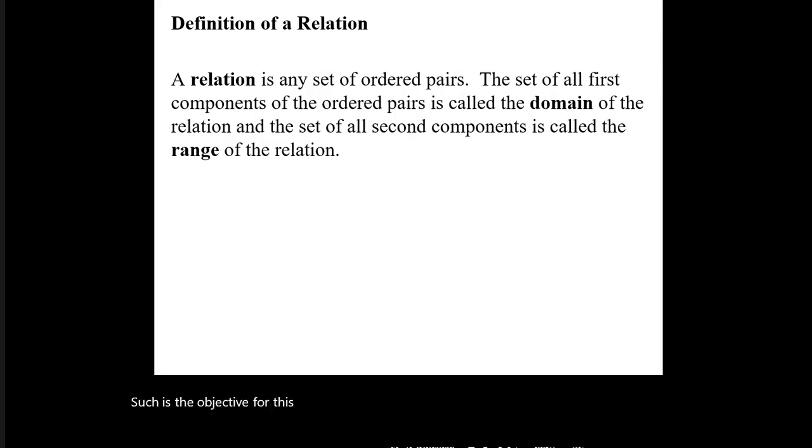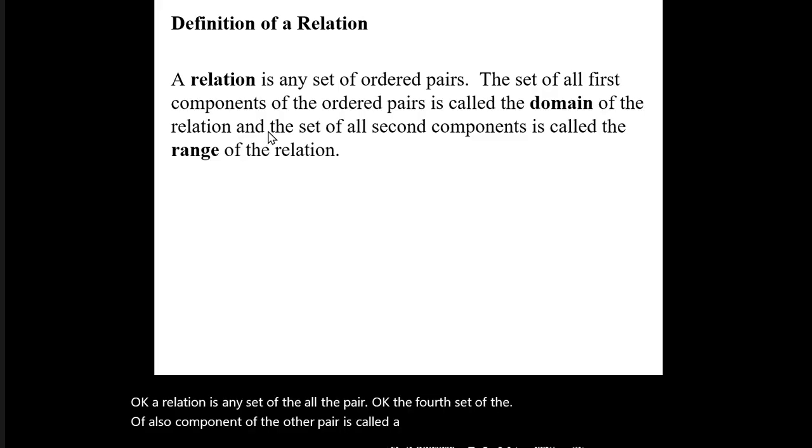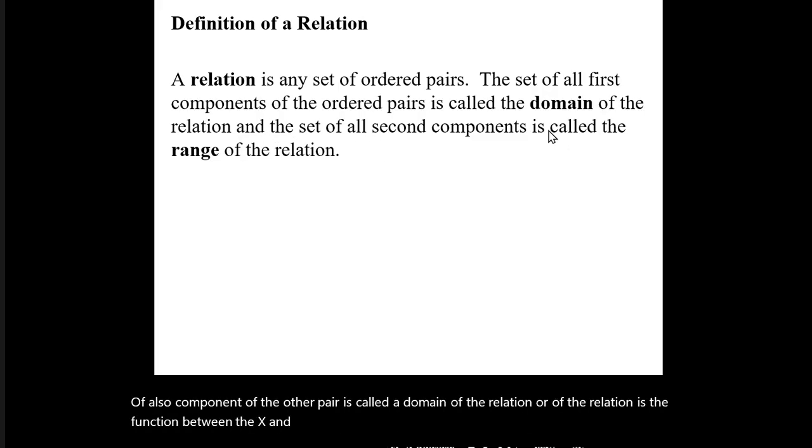All right, so let's see what a function is. A relation is any set of ordered pairs. The first component of the ordered pair is called the domain of the relation, and the relation is the function between x and y, basically. Domain is considered the input, range is considered the output.